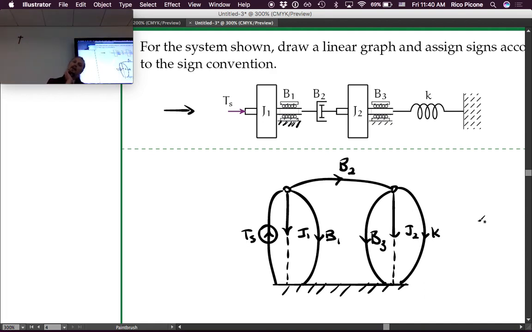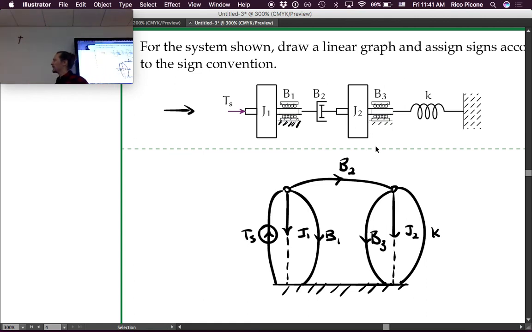Now, oh, I drew the arrow towards ground. This is an inline spring. It's a little ambiguous in this case because it is connected to ground, but it looks just like an inline spring the way that it's oriented here. We would probably draw a spring that's not inline in a different way.